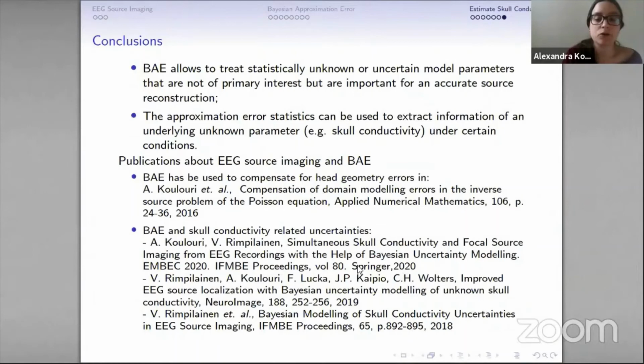In the latest work, we tried to estimate also this bulk skull conductivity in addition to focal sources. Previously, with collaborators like Luca, Kaipio, Walters, and Rimpiläinen, we tried to use the Bayesian approximation error approach to improve our estimates and to show that indeed they are improved, the source localization errors are reduced.